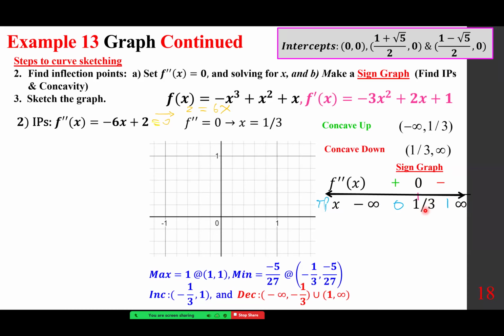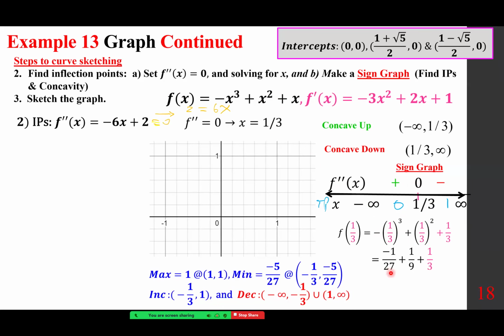So you have to put it back into the original function to find its y coordinate. We do that. Minus 1/3 cubed plus 1/3 squared plus 1/3. This is 1 over 27, which makes it negative. This is 1 over 9. This remains at 1/3.